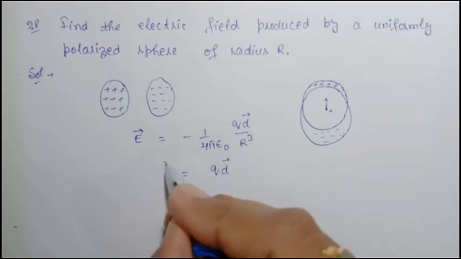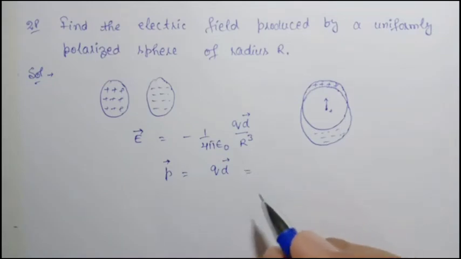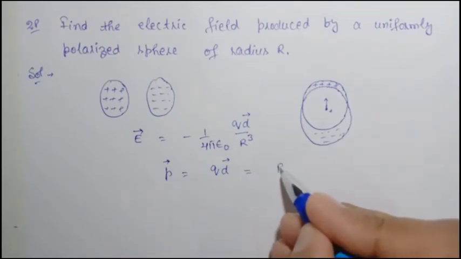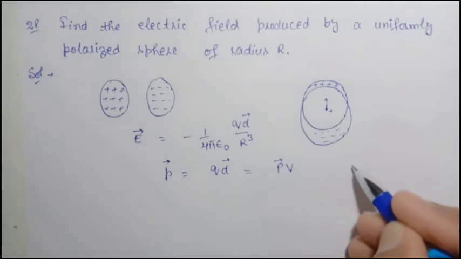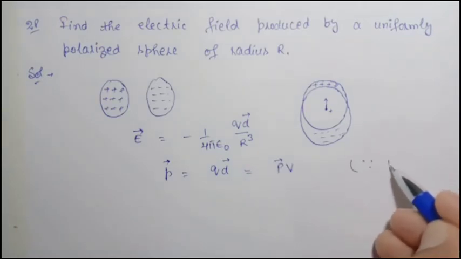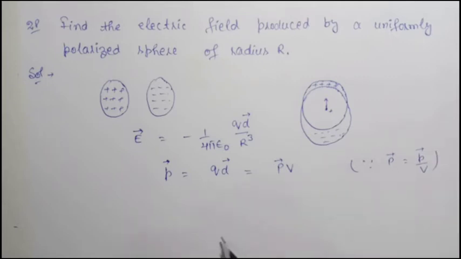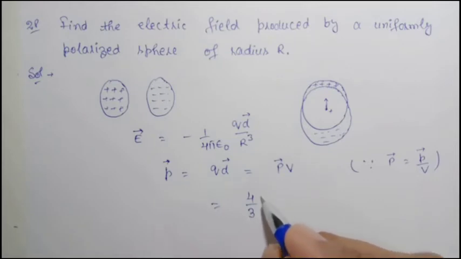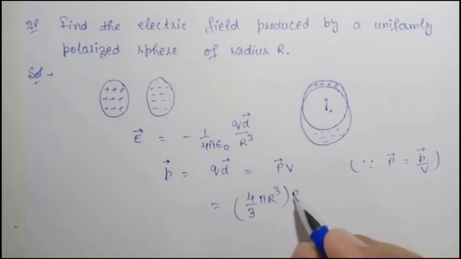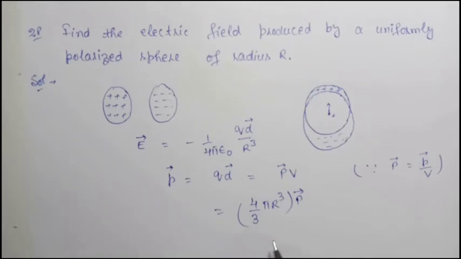This is a vector quantity, and further polarization we can write P into V. Why is it so? Because polarization is equal to dipole moment per unit volume, and this is equal to 4 over 3 pi r cube, and here we have polarization P. Okay, so the dipole moment is equal to 4 over 3 pi r cube into P.